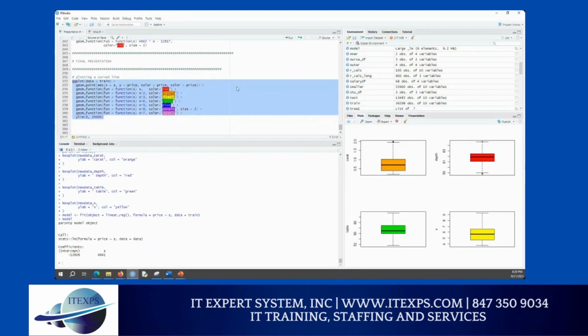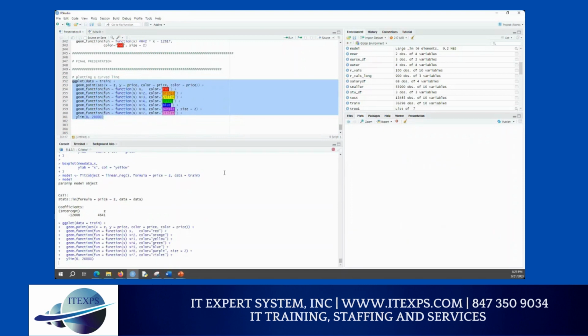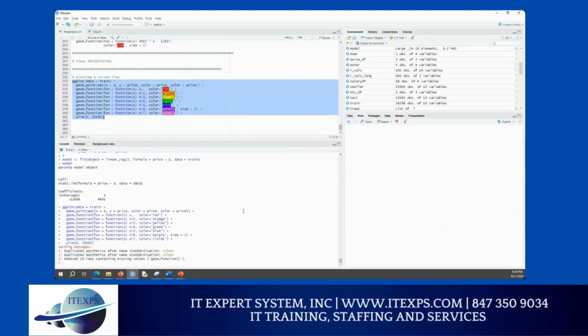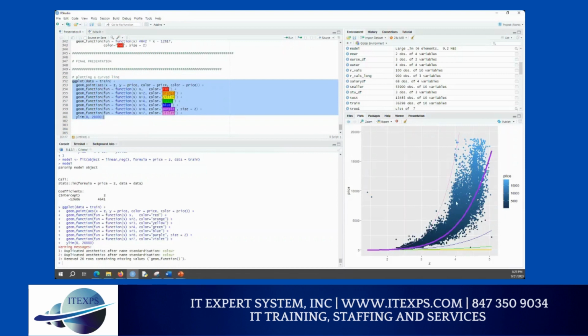So if I run this, I got the scatter plot with G values. Actually, this code plots series of equations from y is equal to x to y is equal to x power 7. So this line looks to be perfect for our analysis. That's why I changed the value to 2 here.